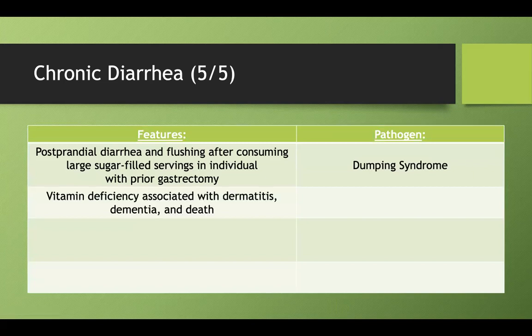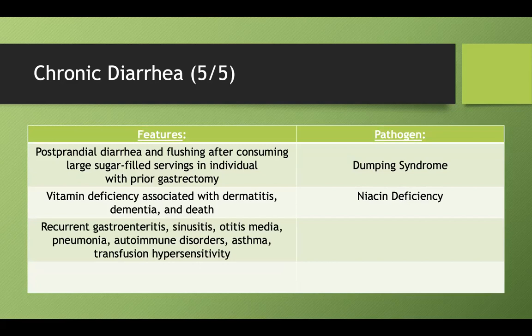There's a vitamin deficiency that's classically associated with the 3Ds, dermatitis, dementia, and death, and that's niacin deficiency or vitamin B3. How about if somebody, these last two are pretty rare. I just put them in there just to be comprehensive.